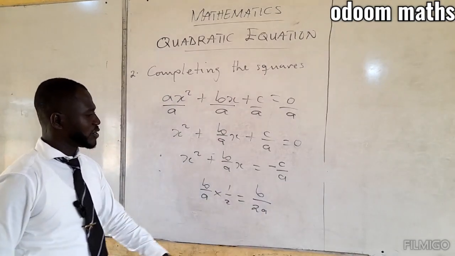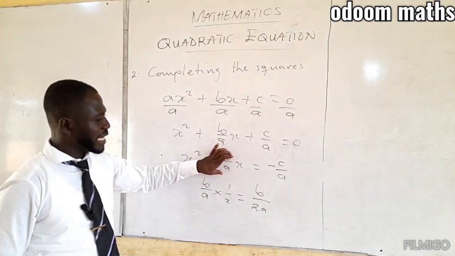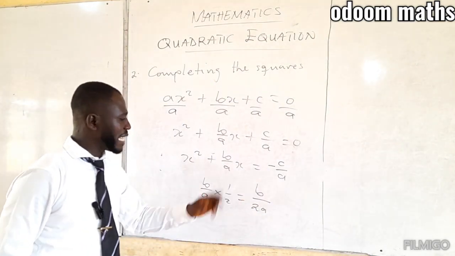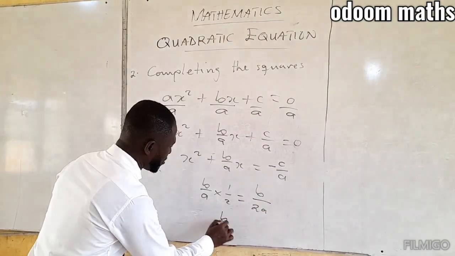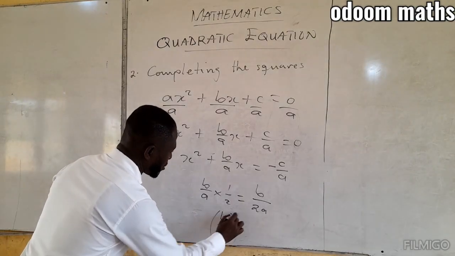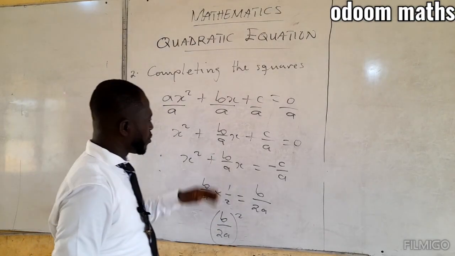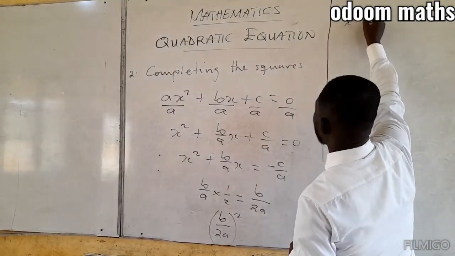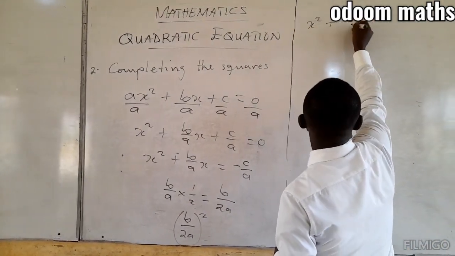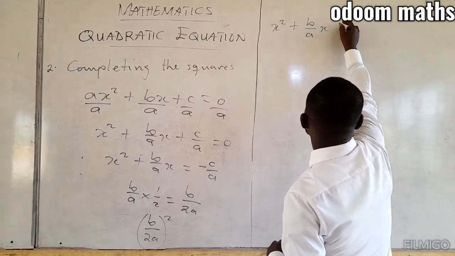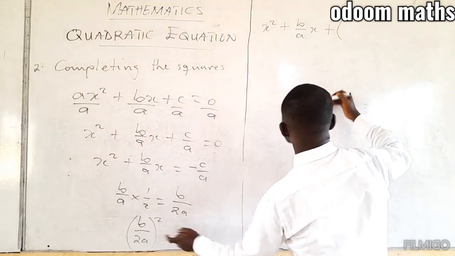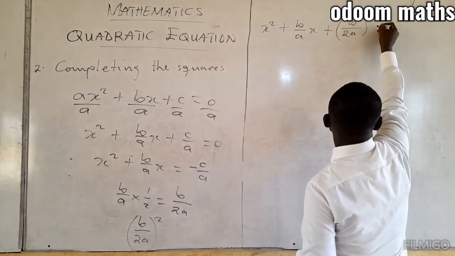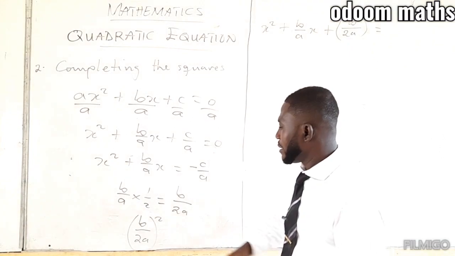Okay, so this is what I have from what I did here. Now I am going to square this and add to both sides. So b over 2a is squared. Now I am going back to the solution: x squared plus b over a x, plus, in brackets, b over 2a squared, equals, now I am adding this to both sides.